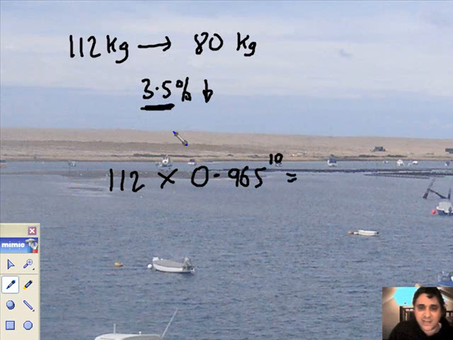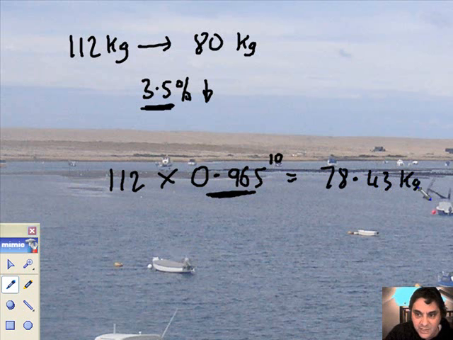Alright, you just study this now. I went from there to there, alright? It's a bit like a multiplier in a way. So here I go, 112. That's the weight times 0.965 powered up to 10 equals, he's done it, it's 78.43 kilograms.